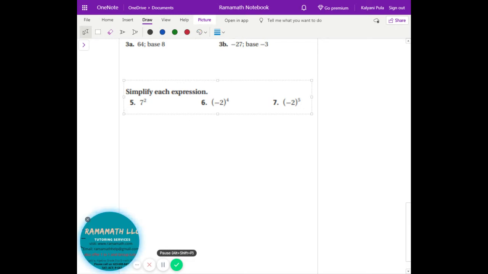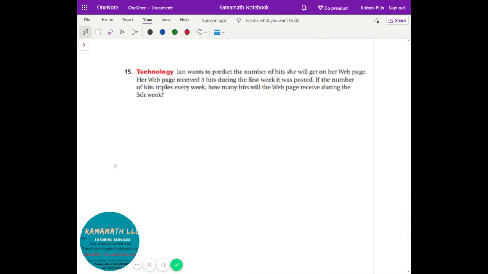The first one is 49. That's good. 16 is for number 6, and number 7 is going to be negative 32. Okay, that's good.